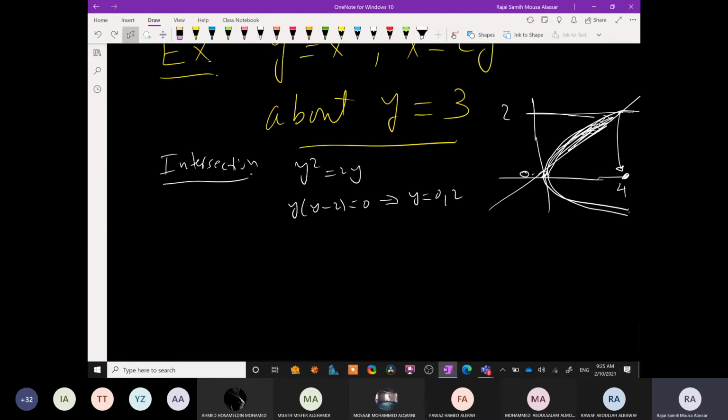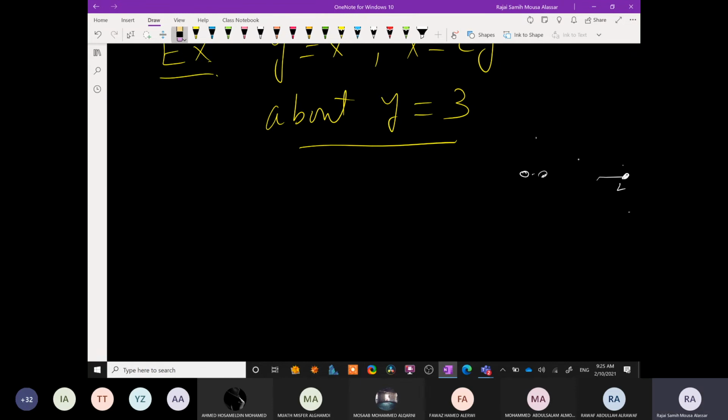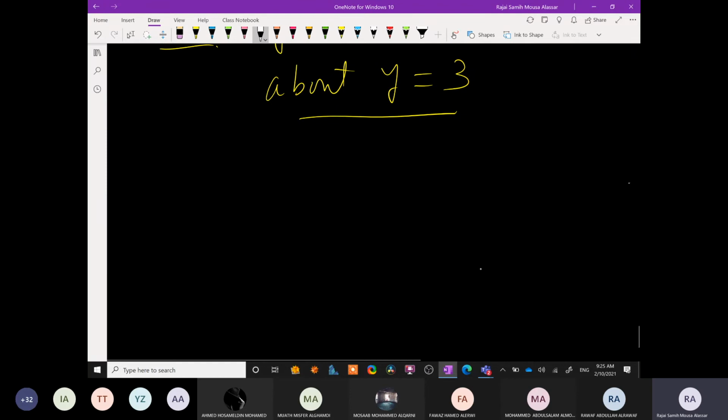Okay, so let's just delete that and put it now decently. We want to have a decent graph now. So we know that they intersect at 4 and 2, and of course at 0 and 0, yes? Okay, so let's do that.